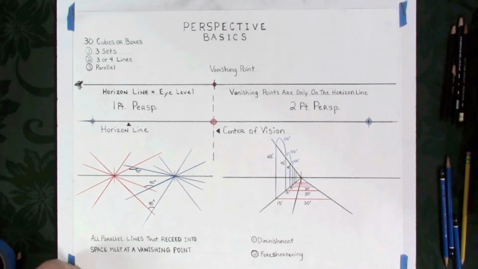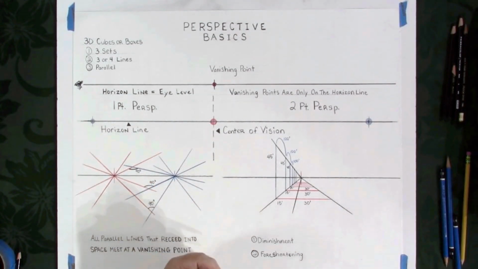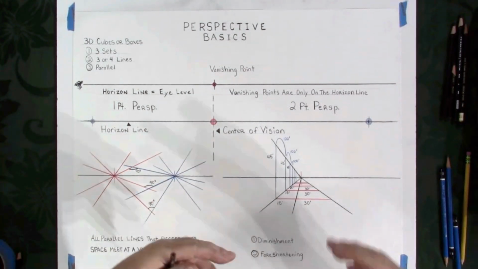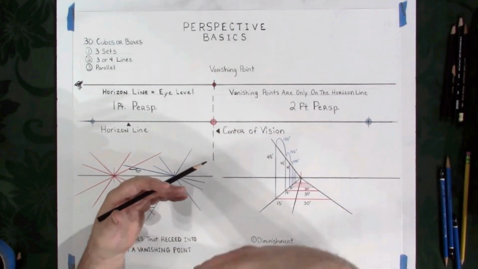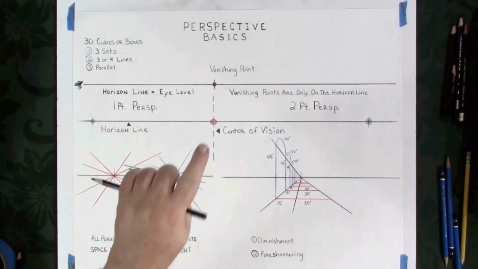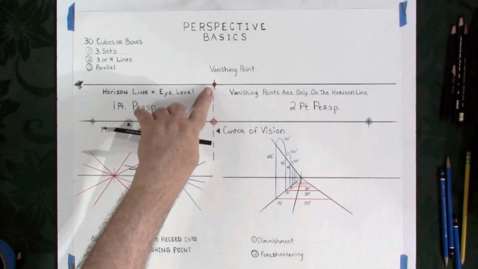Okay. But the next thing we want to understand is that when we're drawing boxes, as we have parallel lines that recede away from us into space, those lines will meet at a vanishing point.